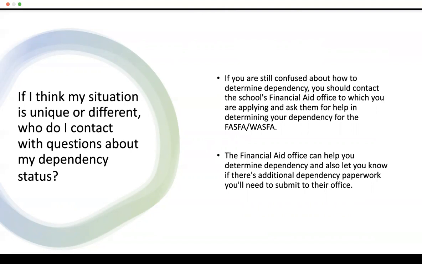They really are the experts and can give you some really specific guidance. The financial aid office can help you determine dependency, and they can also let you know if there might be any additional dependency paperwork that you would need to submit to their office, which is really helpful in getting a head start on completing your file for financial aid.